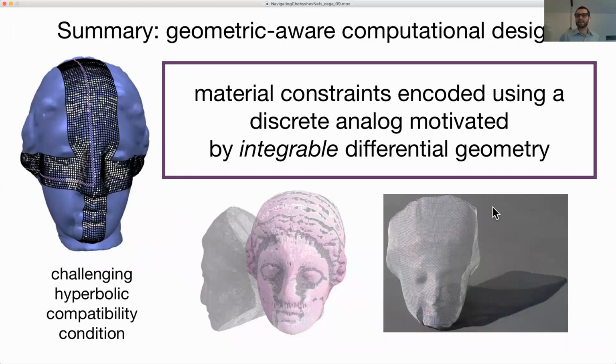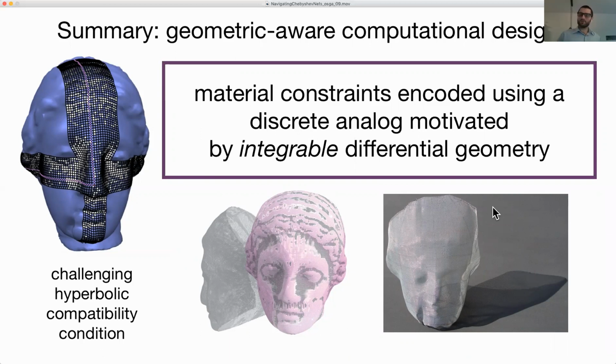So the summary of this portion of the talk is that you can try to understand the material constraints by encoding them explicitly in a parameterization or in some language of differential geometry. And then don't necessarily look at the underlying equations of that object, but really think about what is a discrete analog of this object that I'm studying, and maybe that will arise in some unexpected place.